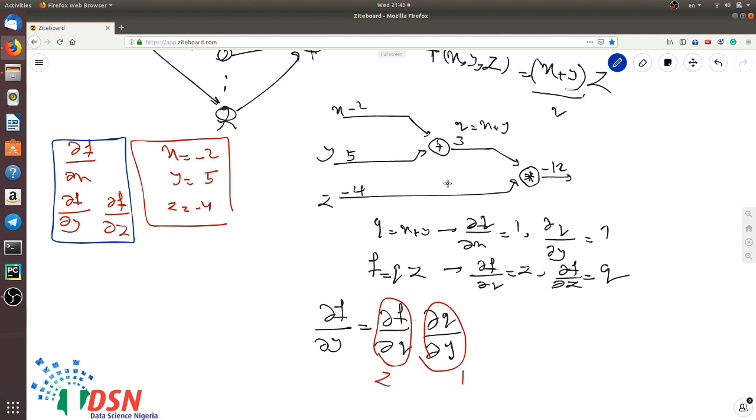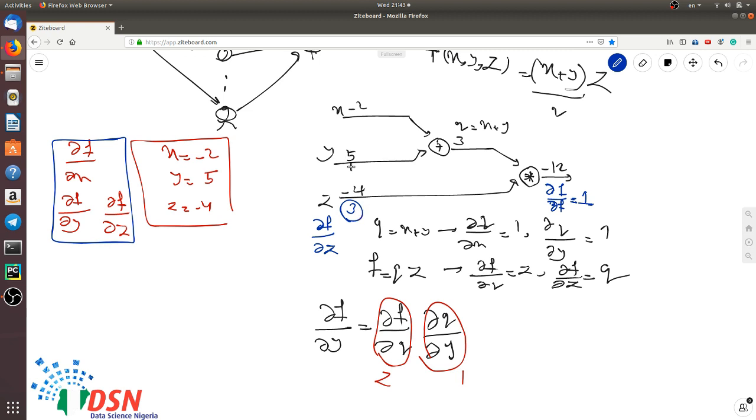In other words, let's say we have 1 as the backpropagation gradient in here. After that, we could calculate the partial derivative of f with respect to z, which is 3, right?